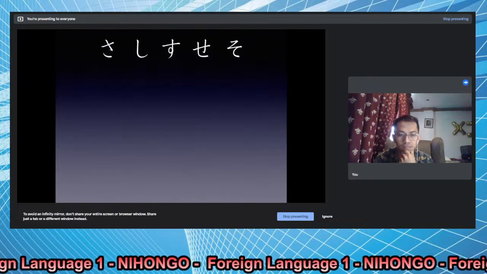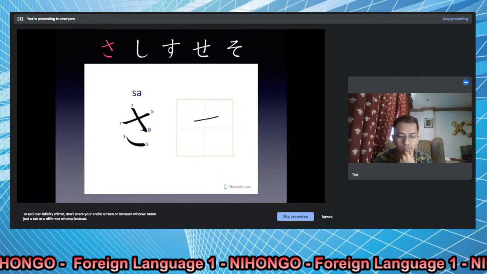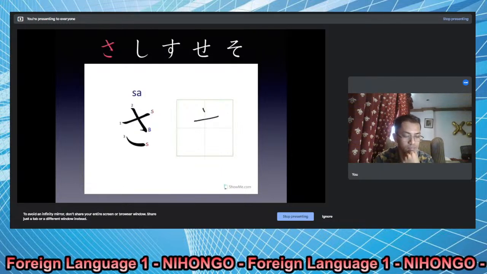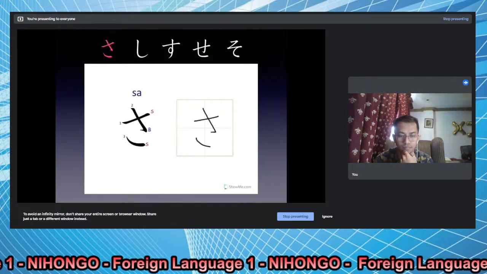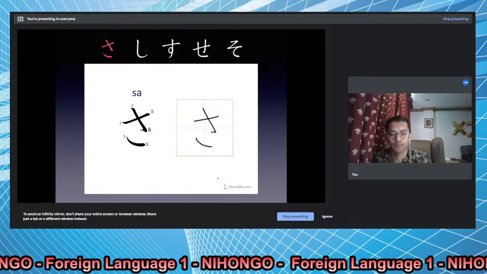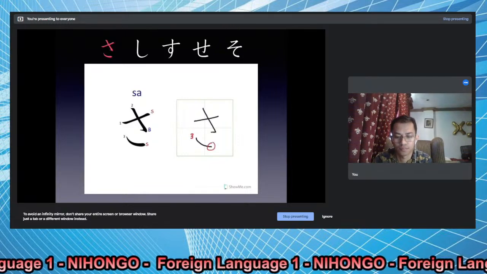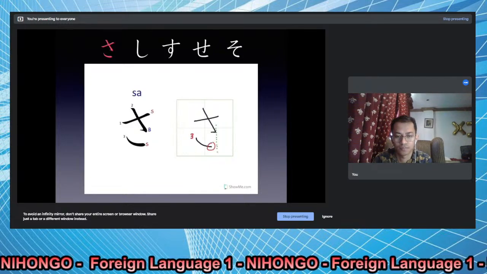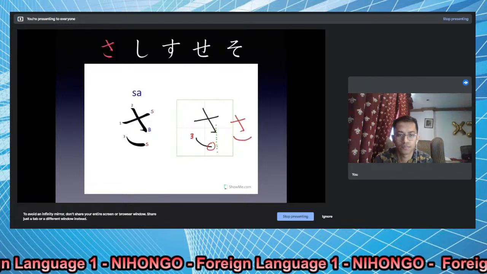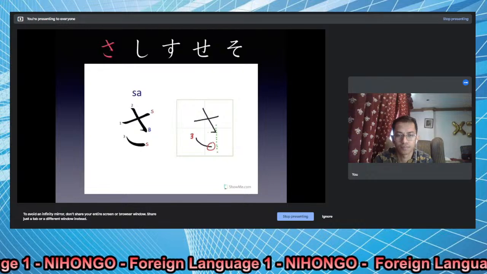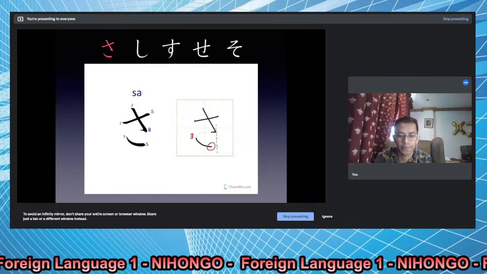Okay, now on to the first letter, sa. 1, stop. 2, brush up. 3, stop. Remember, the tip of number 3 does not go beyond this line. So be careful not to write your sa like this. Also, just like hiragana ki, this is the route that your pen takes.